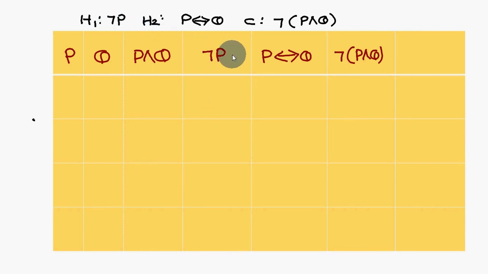Negation P also we require: negation P, P biconditional Q, negation of P and Q I have written. So if you look at this one, the first premise, second premise and the conclusion, these three always should be in order only.